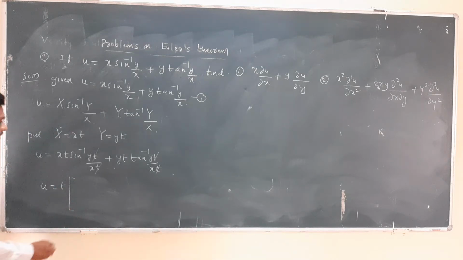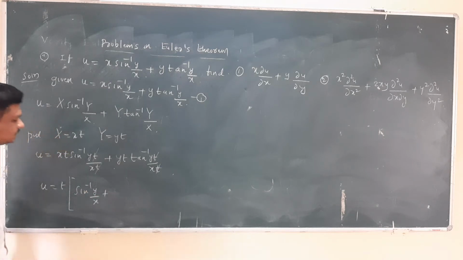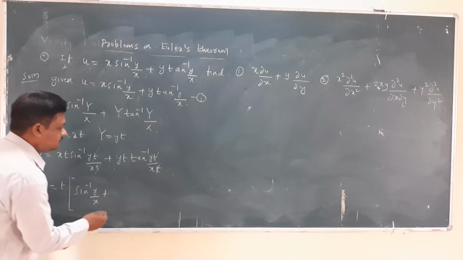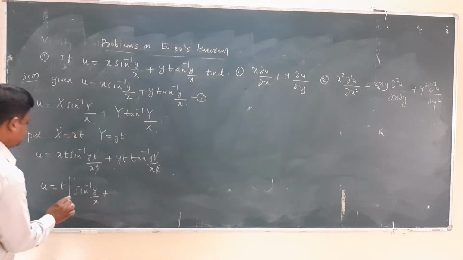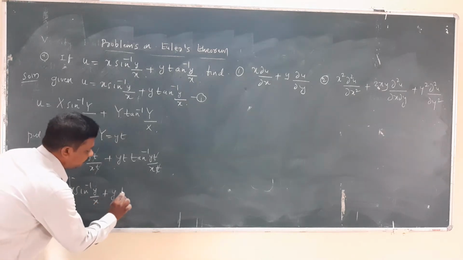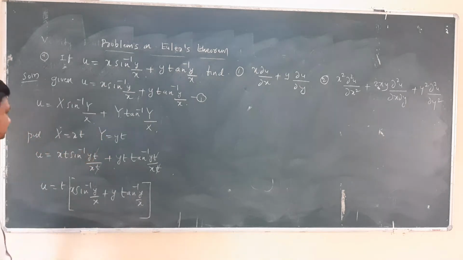The remaining is x sin inverse of y upon x plus y tan inverse of y upon x.